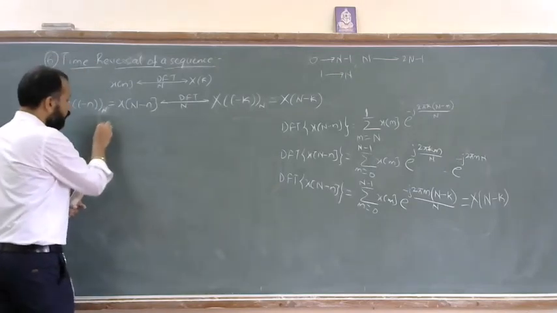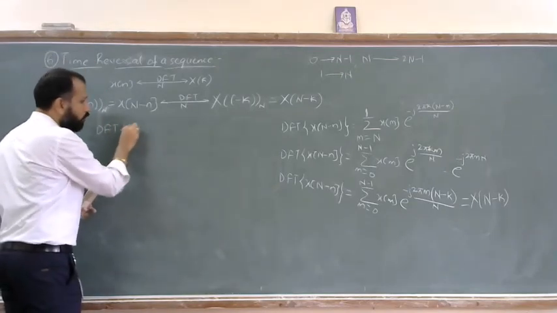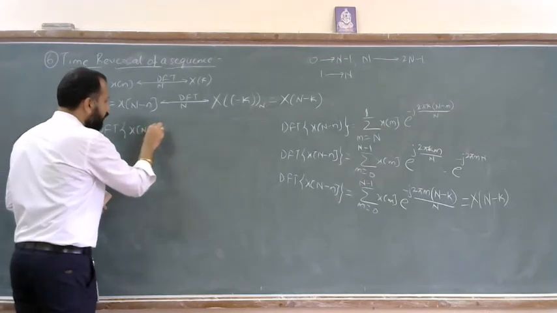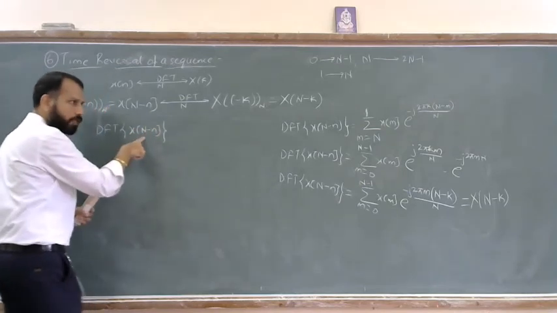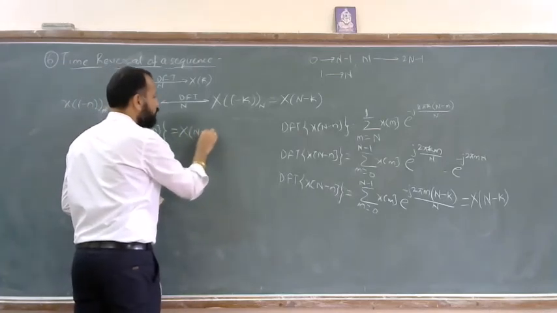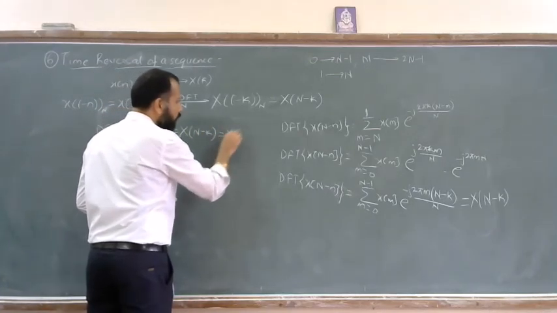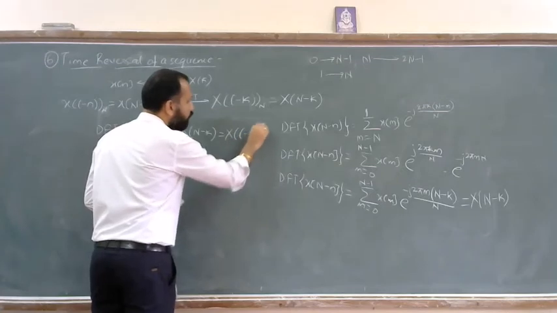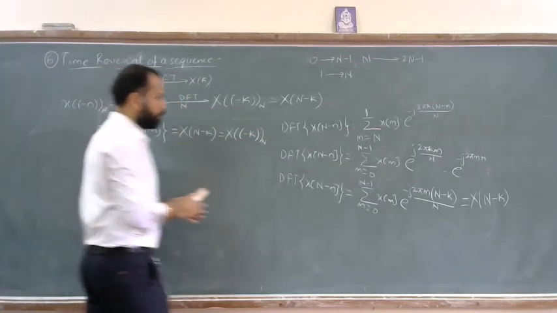Therefore, the DFT of x of n minus k, this circularly folded sequence, is equal to capital X of n minus k, or this will be equivalent to X of minus k.